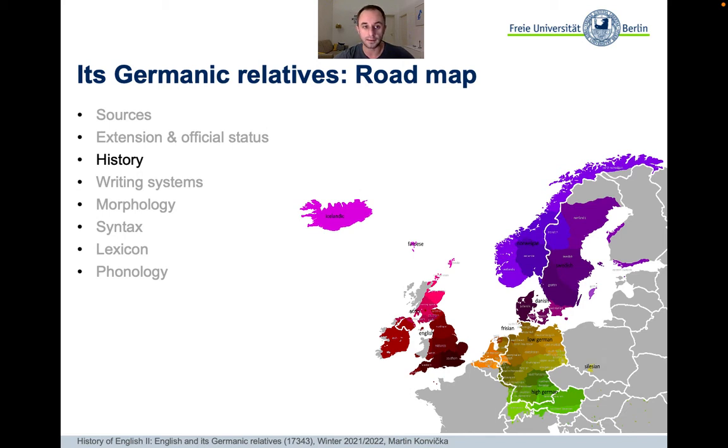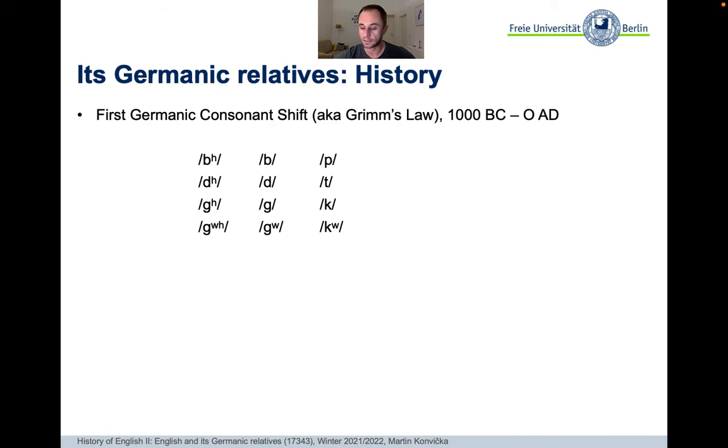And now let's have a look at the history. So what made Germanic languages Germanic? One of the things that I obviously have to mention is the so-called First Germanic Consonant Shift, also known as Grimm's Law. We discussed this in one of the very early sessions of our seminar.